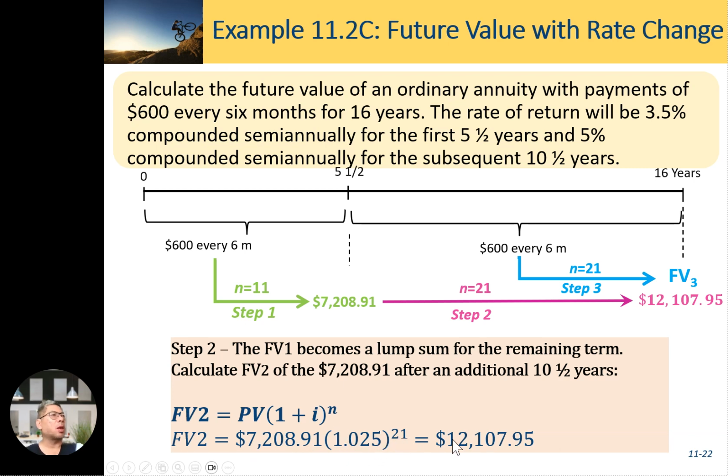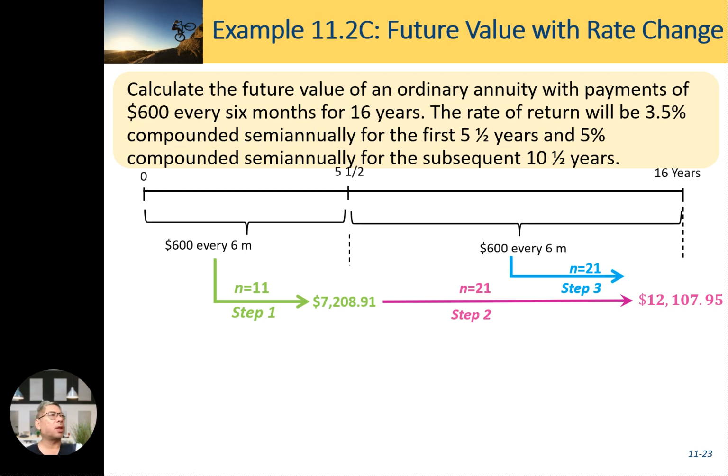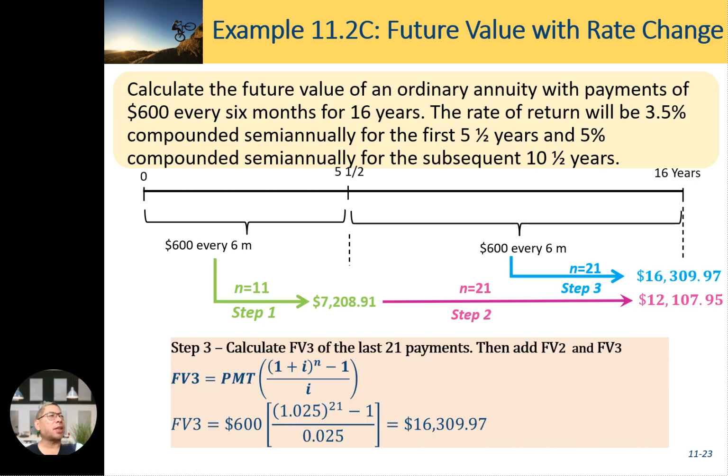You got the 2.5% because 5% divided by 2 is 2.5. And 21 comes from 10.5 times 2. That's how you get that number. Then after that, you calculate step 3, which is PMT here, you have the 600, and you calculate to get 16,307.